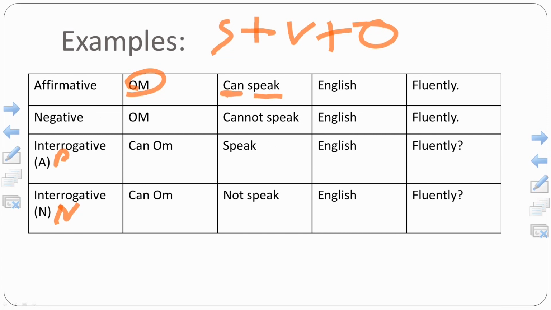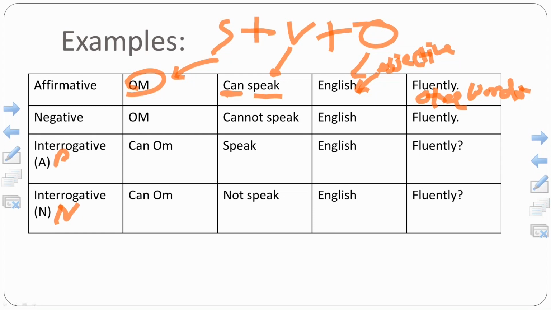This is our auxiliary, or we can say modal auxiliary. Om can speak English fluently. English is the object, and the other words are as we just discussed. Om can speak English fluently is an assertive affirmative sentence.